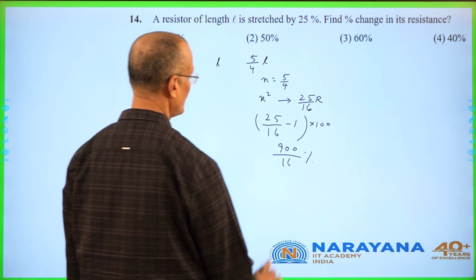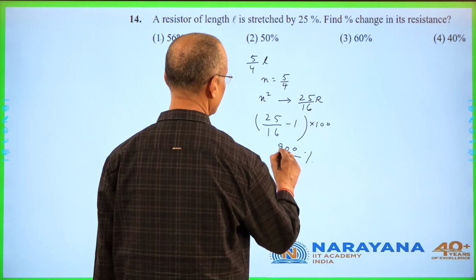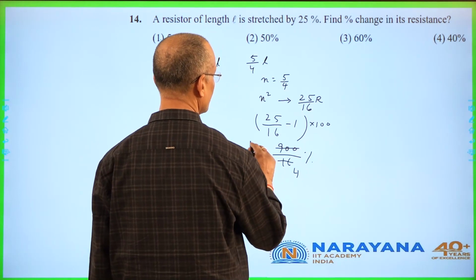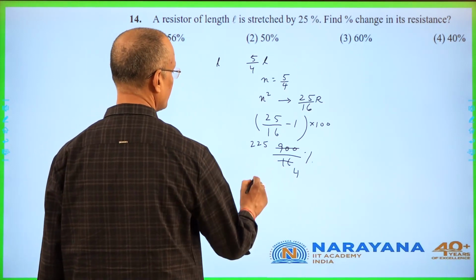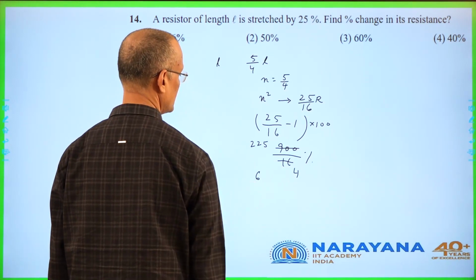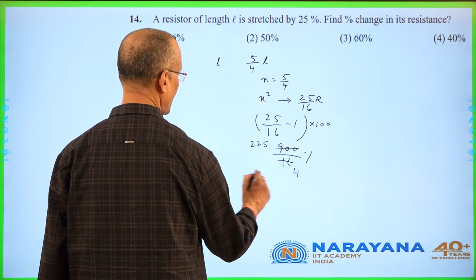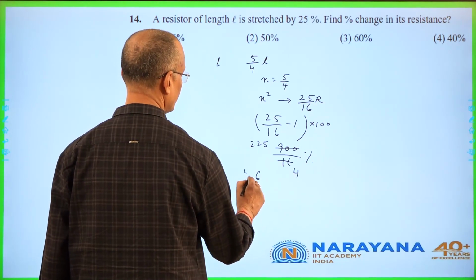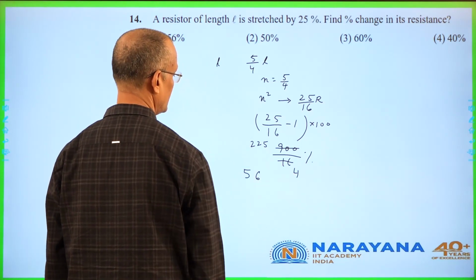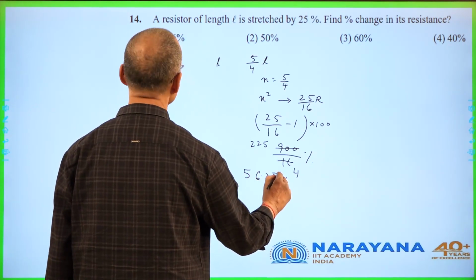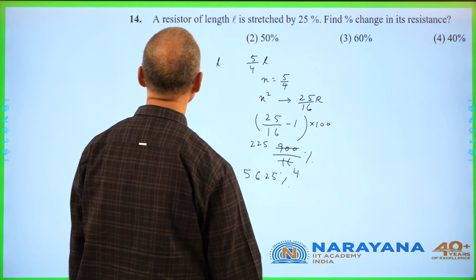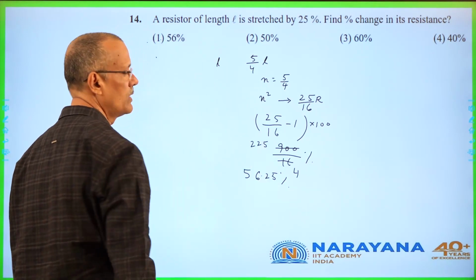So 4 times 225. So this will become 56.25%. You can check here, the answer is number 1.